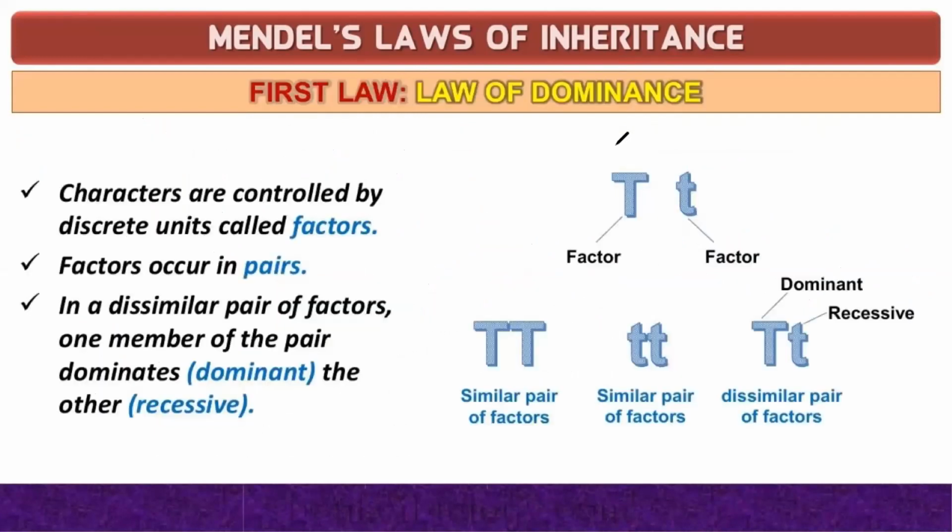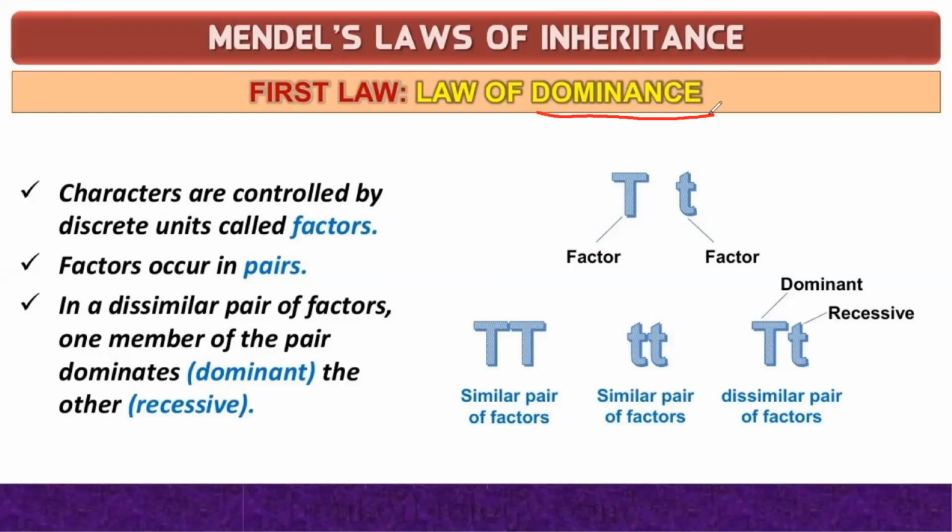Now we will learn about the first law, the one that we discussed in detail in video 1. In this video, we will learn about the statements and the facts about it. The law of dominance is the first law, which gives us the concept of dominance.